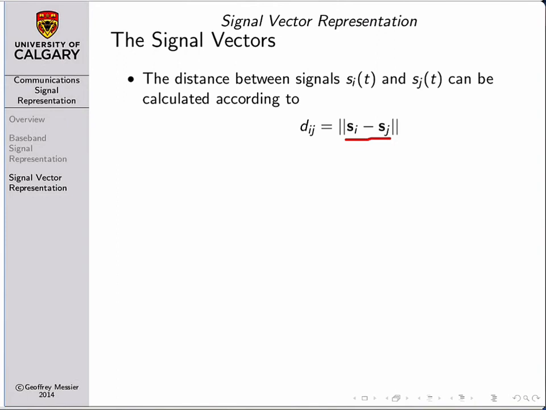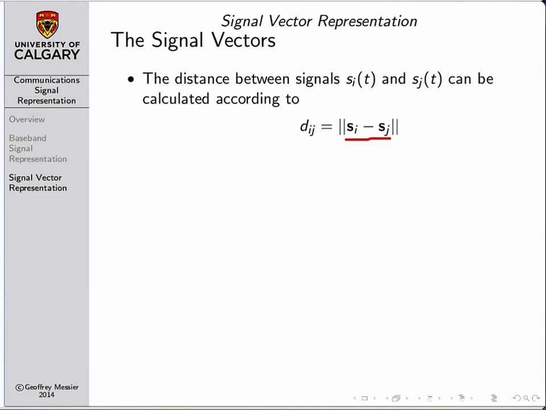But the distance between two signal vector points in digital communications has a very, very important meaning. The greater the distance between two signal vectors, the more different those signals are from each other. Conversely, as the distance between two signal vectors decreases, those signals become more and more similar. They start to look more and more alike.